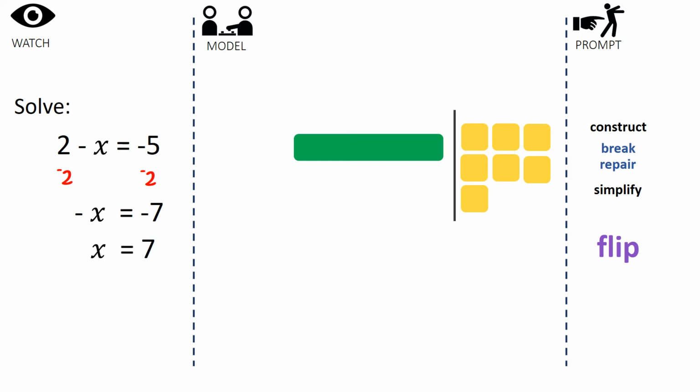And that's how we write our final answer. So x equals 7. We can't leave an answer with a -x, it has to be a positive x, and we have to flip. And of course we have to flip both sides because that's that idea of breaking and repairing, and doing the same thing on both sides.